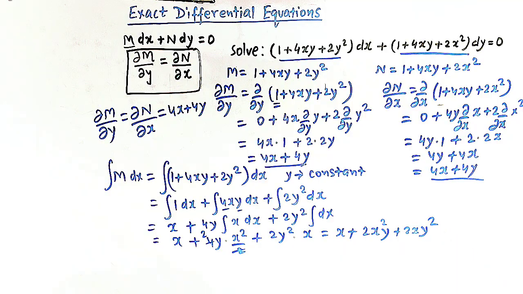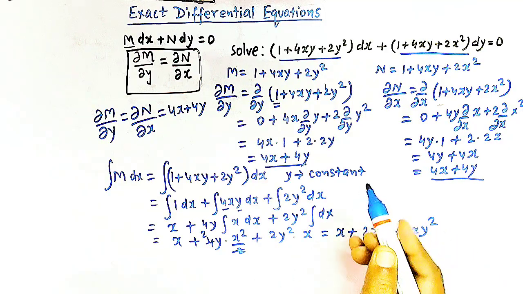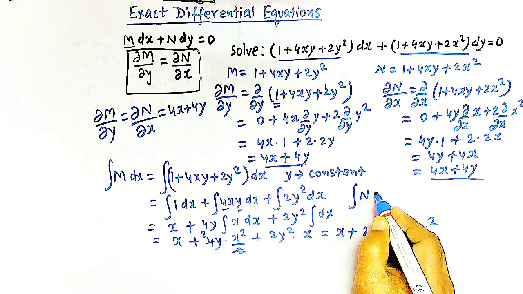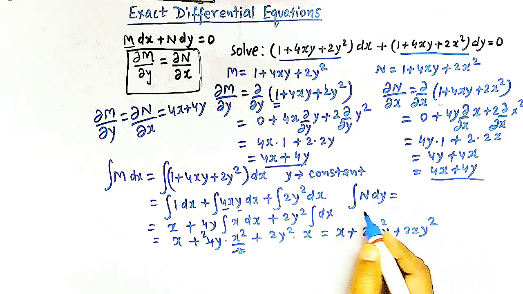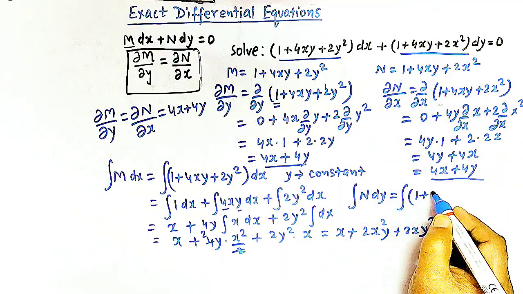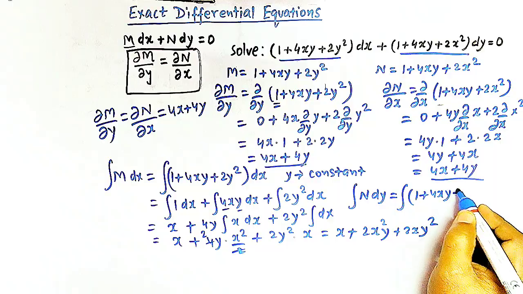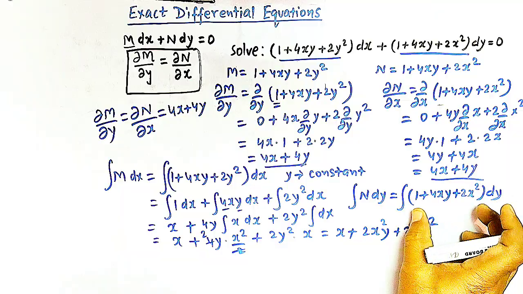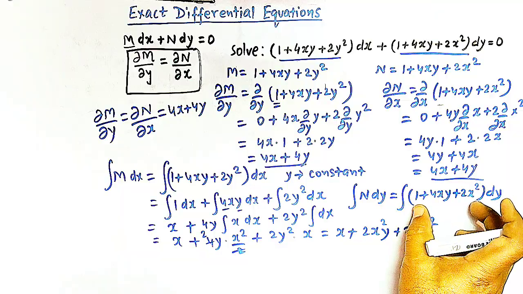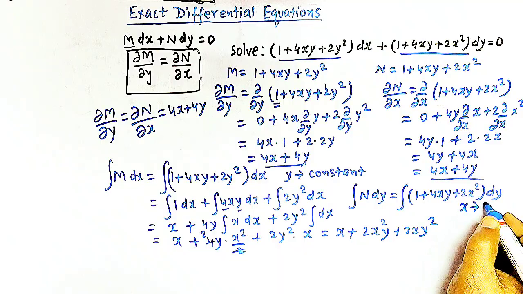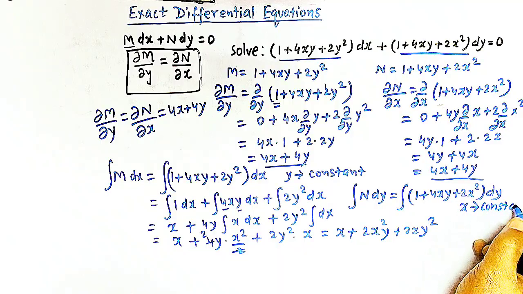Now let us find the value of the integral of N dy. Here the value of N is 1 plus 4xy plus 2x square, with dy, and while integrating this expression with respect to y, we take x as constant.